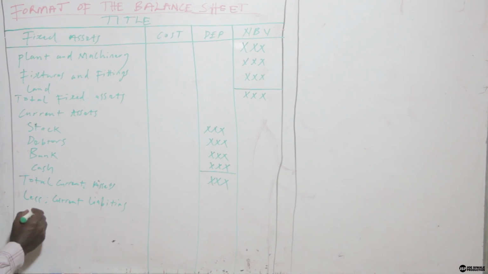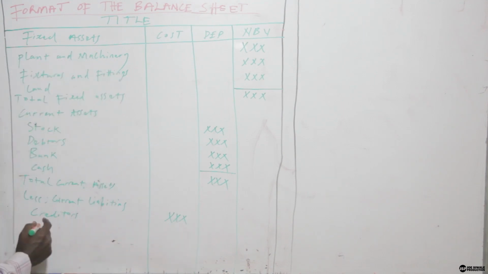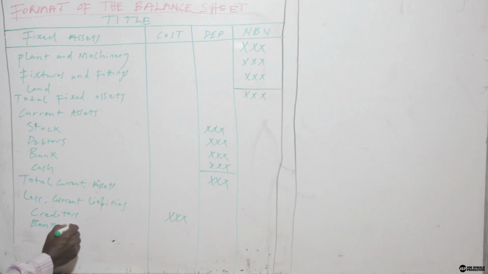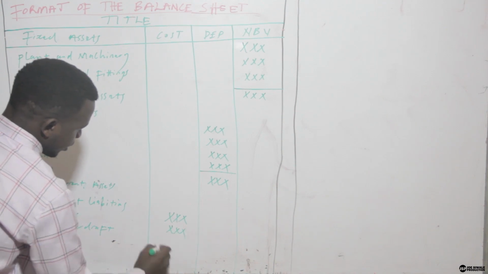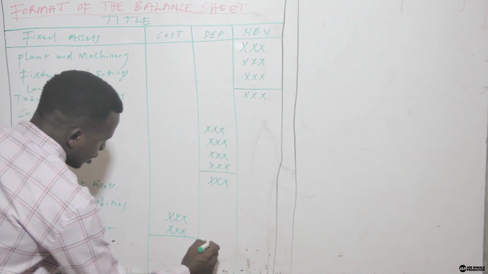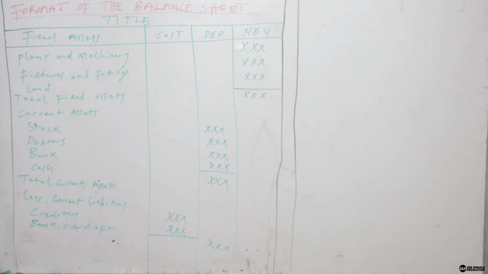In liabilities, we can have creditors. Creditors also referred to as account payable. So we're going to have creditors here. Then we are going to have bank overdraft. Bank overdraft recorded here. So you can find the total of this. And that means that we're going to have total current liabilities.